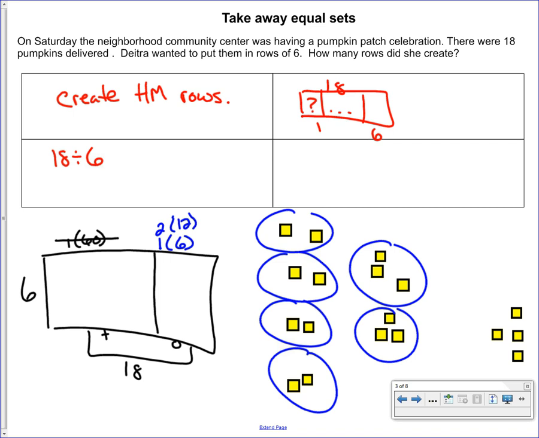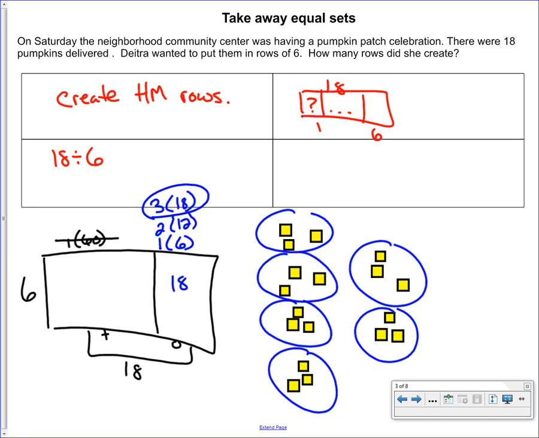When I put 3 in each group, I use 18. When I put 4, oh, I've used them all. So I put 3 in each of those groups.